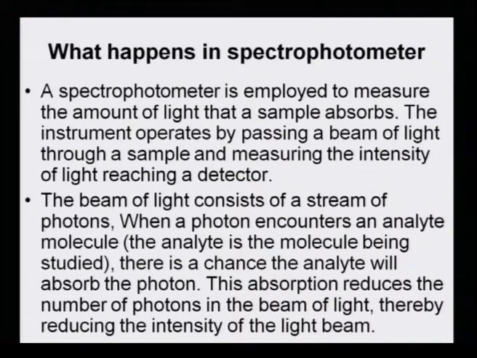A spectrophotometer is employed to measure the amount of light that a sample absorbs. The instrument operates by passing a beam of light through a sample and measuring the intensity of light reaching a detector.